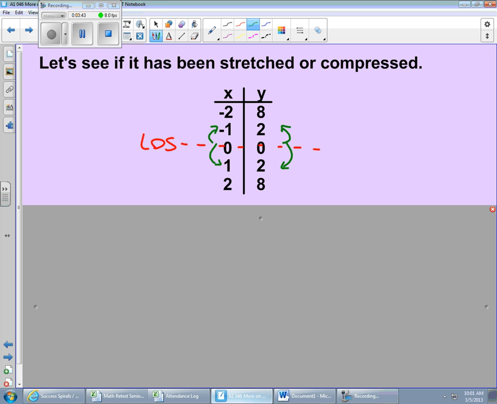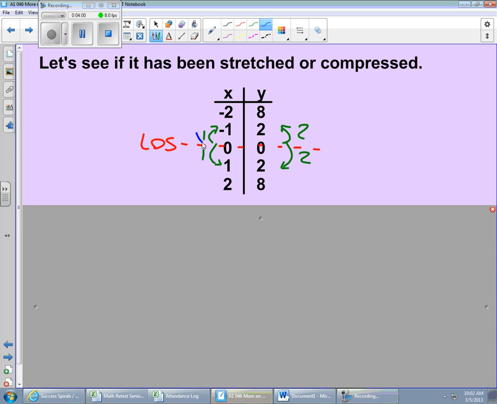But look at how big the step is. It went from 0 to 2. That's not 1 step, that's 2 steps. So as we changed 1 on the x-axis, we changed 2 on the y-axis. We can check this again.